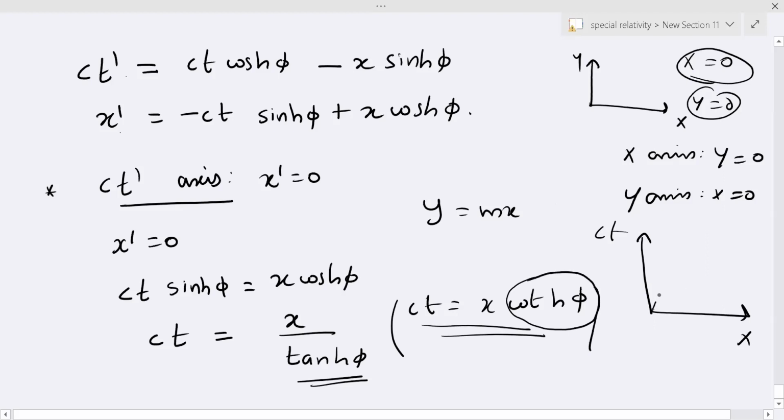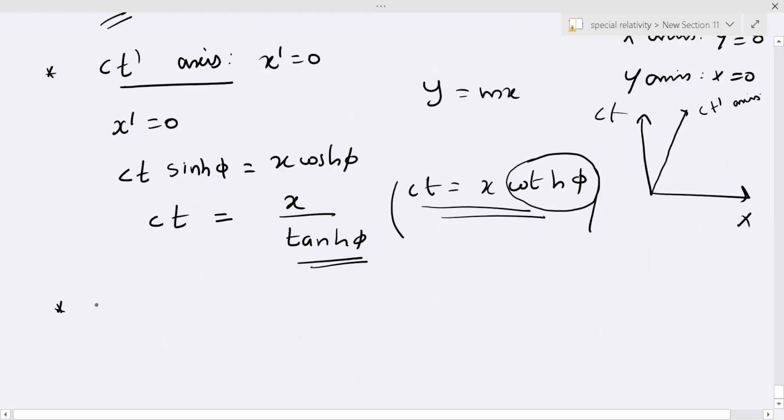So this is the ct prime axis, because the ct prime axis corresponds to x prime equal to 0, and that's the equation of a straight line, ct equal to x coth phi. It has a slope given by tanh phi or coth phi, depending on the slope with respect to which axis. If you take it as ct and x, you see that ct by x equal to coth phi. This has a slope coth phi. Is this clear? So this is the ct prime axis.